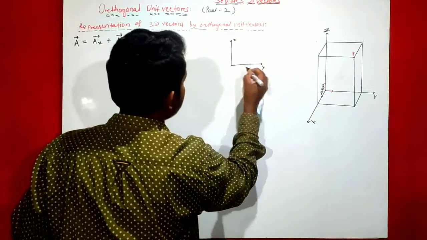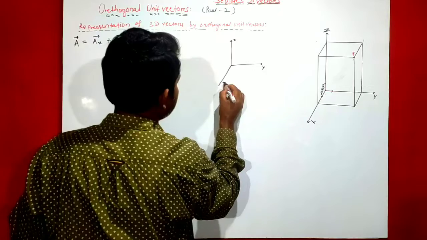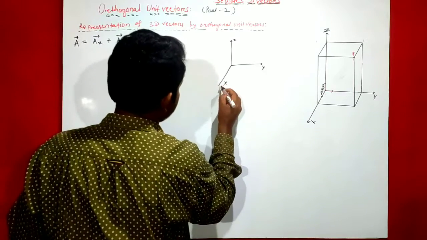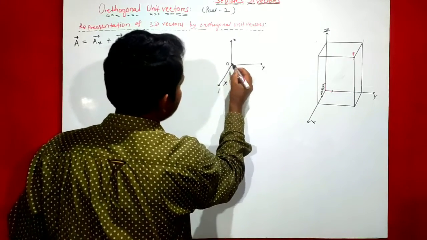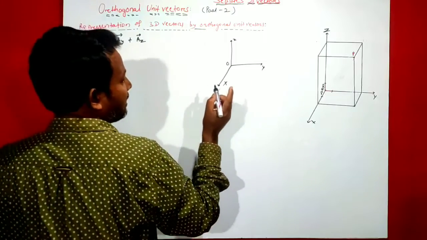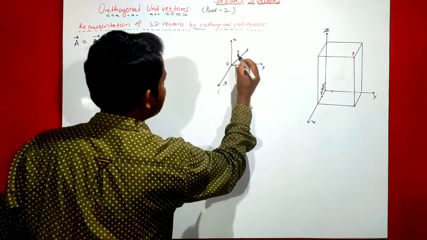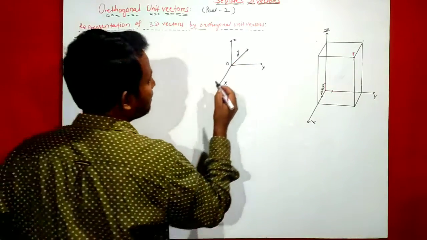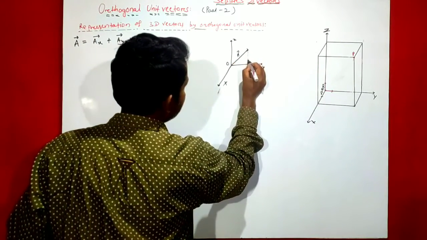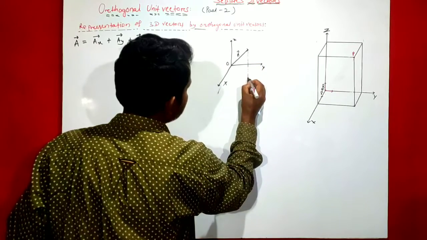This is z, this is y, and this is the x direction, and this is the origin. Let this be a vector A, suppose the A vector is here. First we have to draw the z vector.